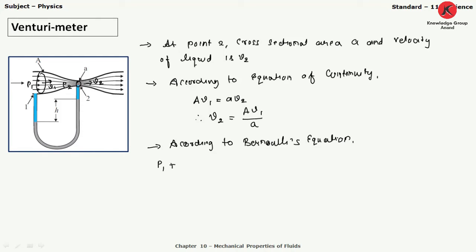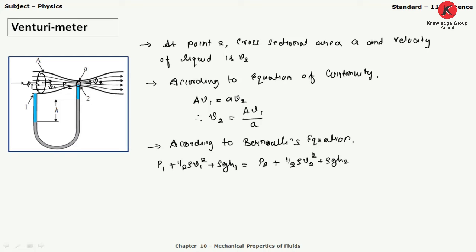So P1 plus half rho V1 square plus rho g h1 is equal to P2 plus half rho V2 square plus rho g h2. Here we can see the center of this Venturi meter, right?